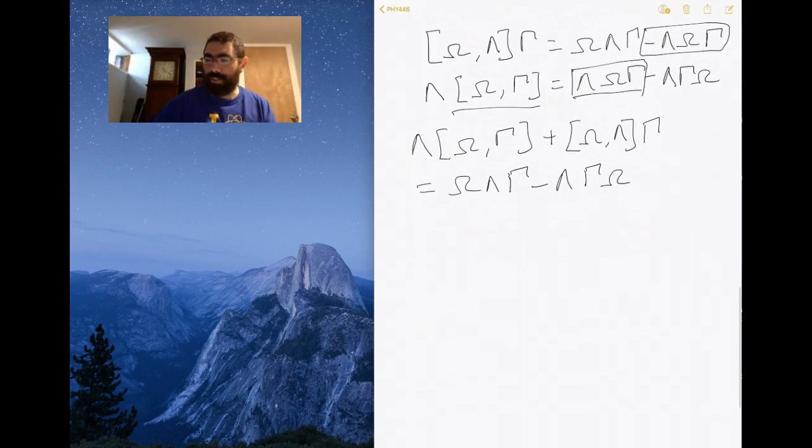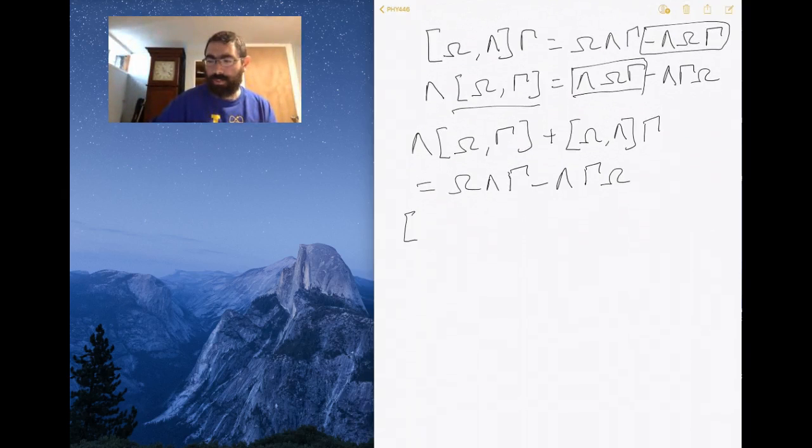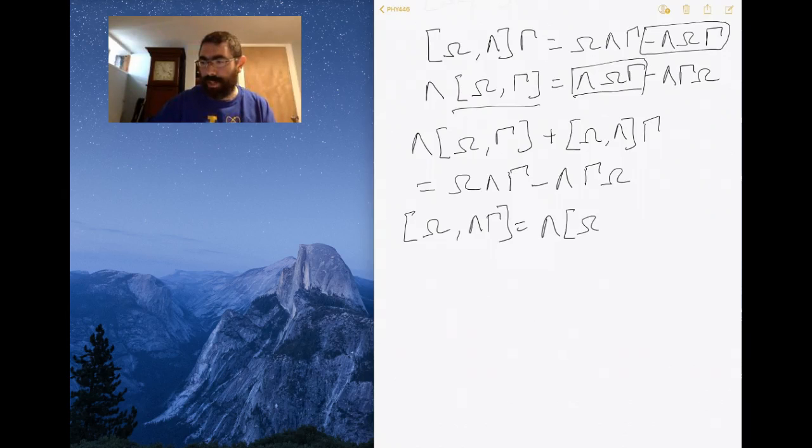So I can rewrite this identity now as one operator, omega, the commutator with a product of operators, lambda gamma, is equal to lambda times the commutator of omega and gamma, plus the commutator omega lambda with now the gamma on the right hand side.